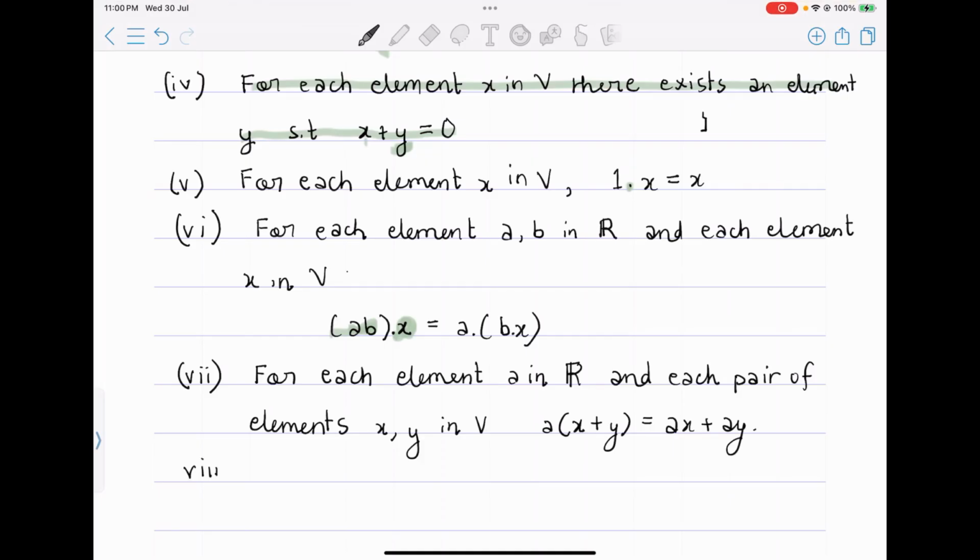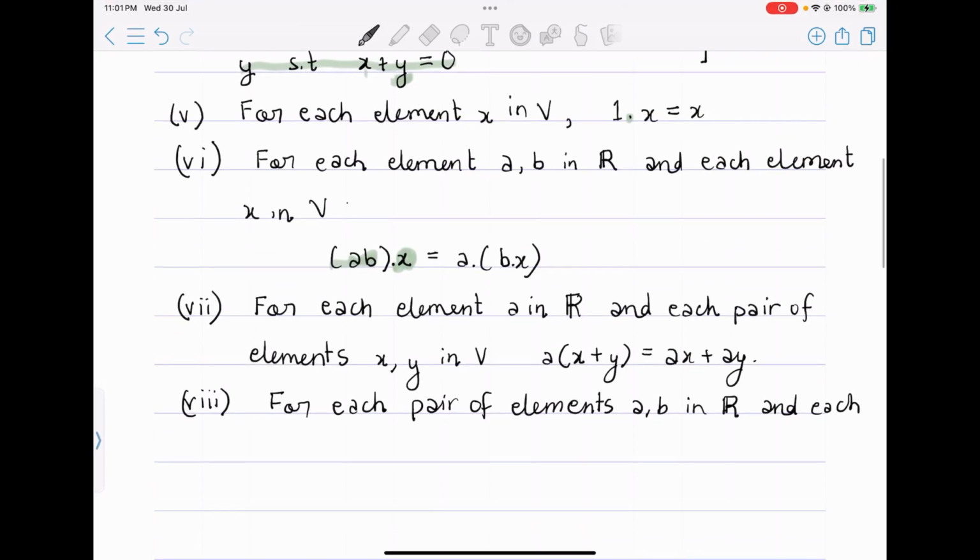And for each pair of elements a, b in R, and each element x in V, (a plus b) dot x is equal to a dot x plus b dot x.